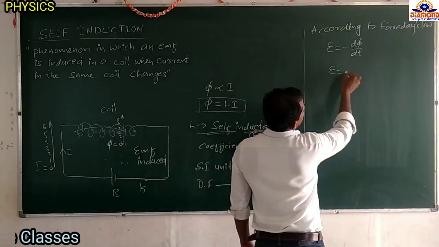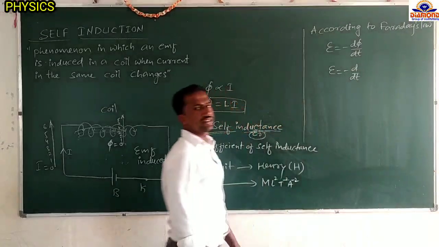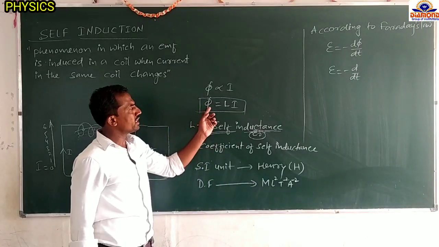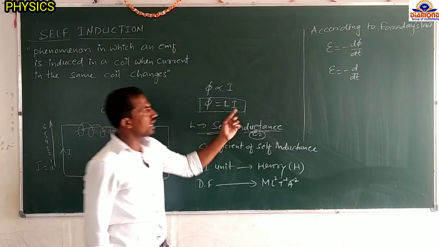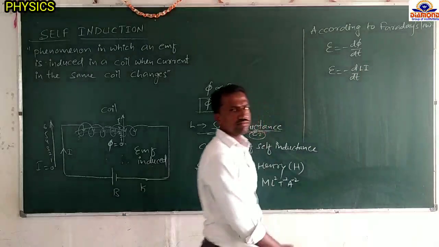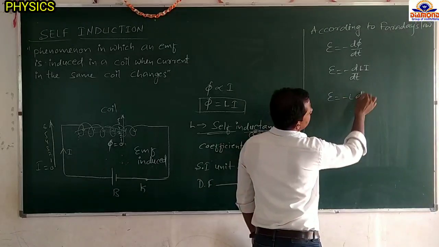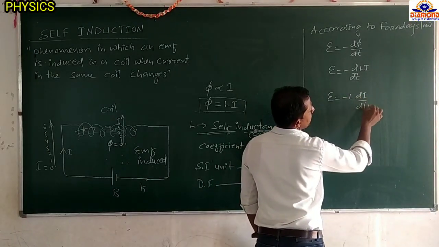Then E is equals to minus d by dt. Phi means magnetic flux. Magnetic flux equals to, what is the value, Li. Substitute this value here, Li. Then take the L value outside, then we are adding di by dt.